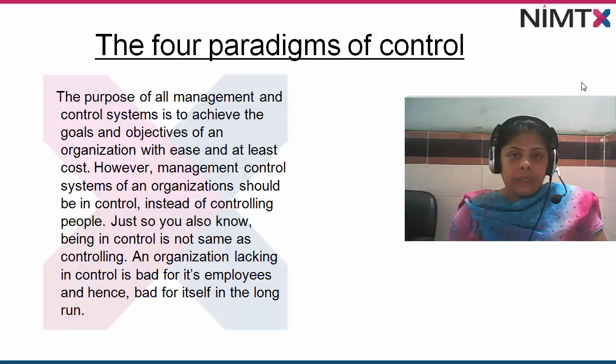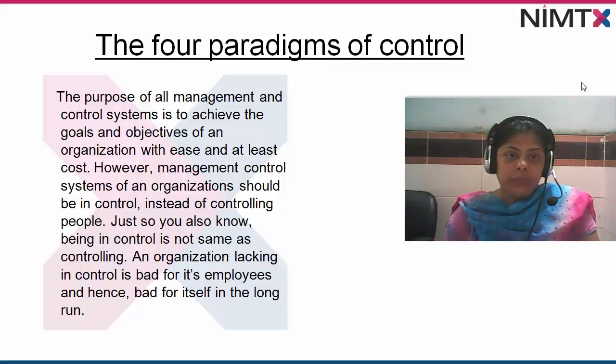The four paradigms of control, these are the examples. What are the four examples of control? The purpose of all management and control systems is to achieve the goals and objectives of an organization with ease and at least cost. If you've worked in an organization, you would know what cost control is.